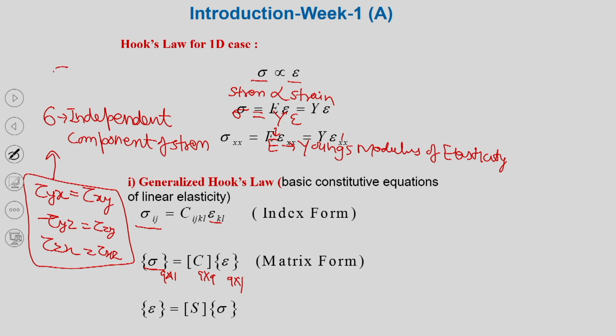In that case it will be sigma, which is 6 cross 1, C, which is 6 cross 6, and epsilon, 6 cross 1. Now you see that if you use this symmetry, then C ijkl reduces to 36 elements.